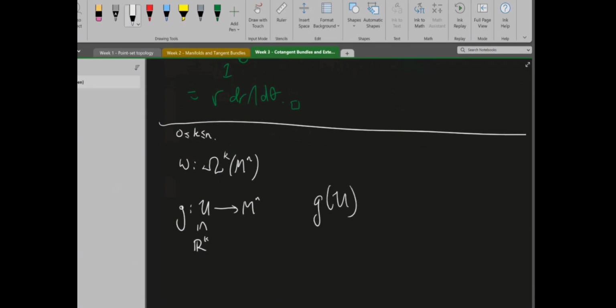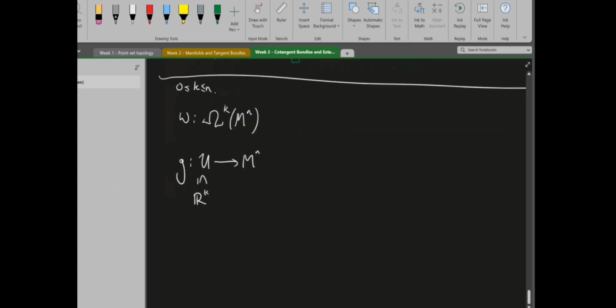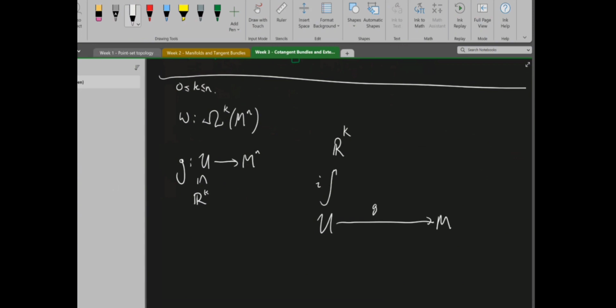And so g(U) is the submanifold that you're thinking about integrating omega on. And what you'd like to do is, I've got a diagram. So U lives by inclusion in R^k. That's just an open set. You have this mapping over by the parameterization to M, which is the manifold where g(U) is a submanifold.